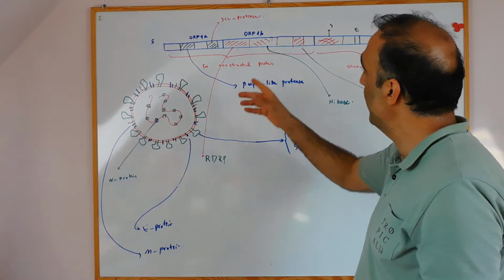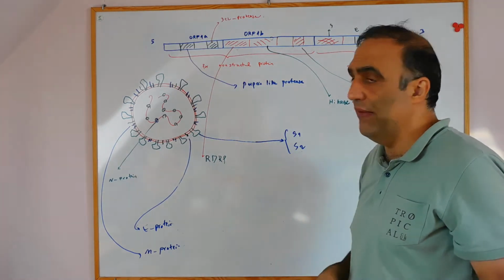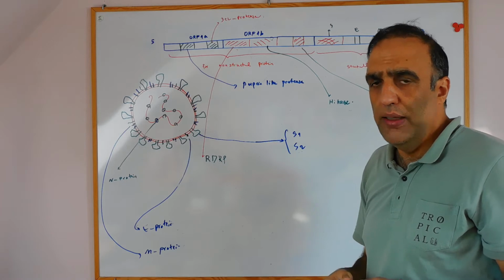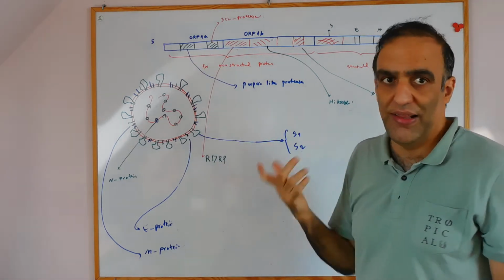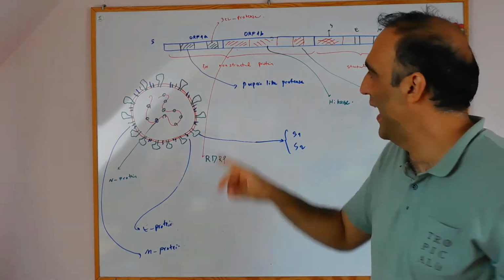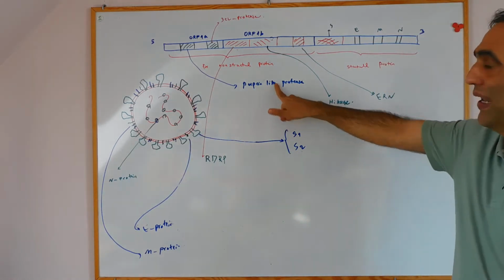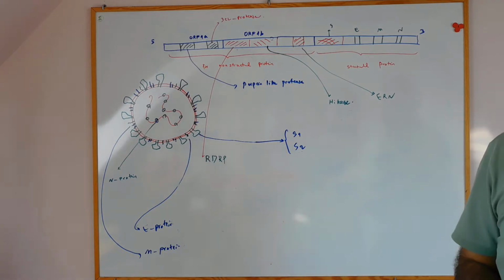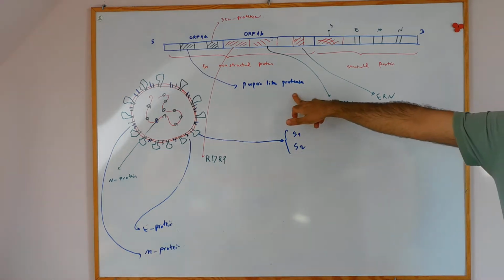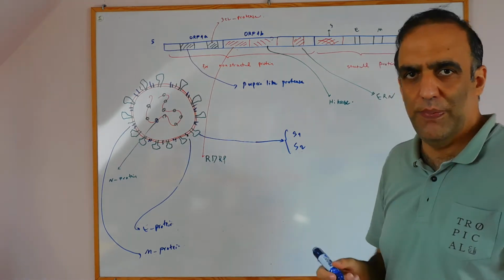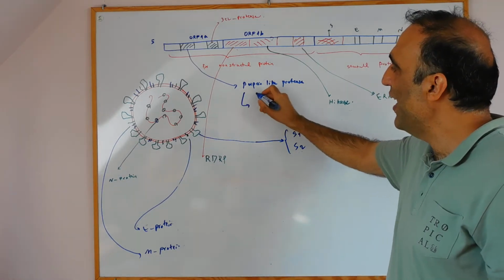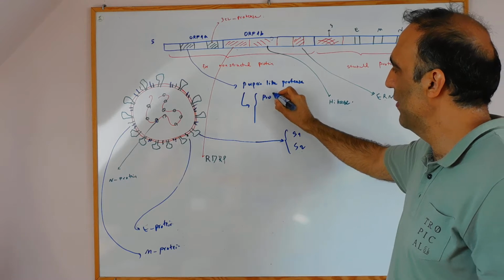As you see here, in ORF1A we see two very important parts. One of them is the papain-like protease. This part helps with protein synthesis, whose function is proteolysis.